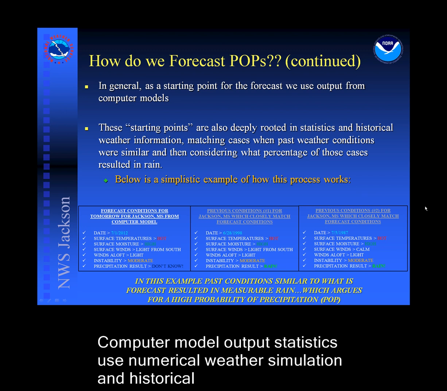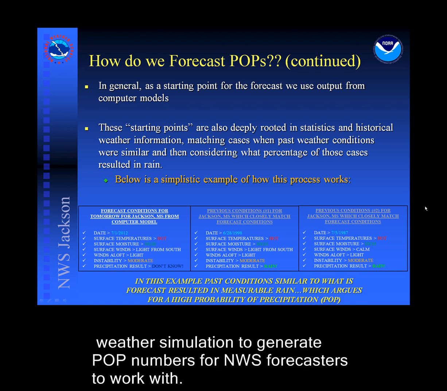As previously stated, as a starting point for the forecast, we generally use output from computer models. These starting points are deeply rooted in statistics and historical weather information, matching cases when past weather conditions were similar, and then considering what percentage of those cases resulted in rain. Below is a simplistic example of how this process works.